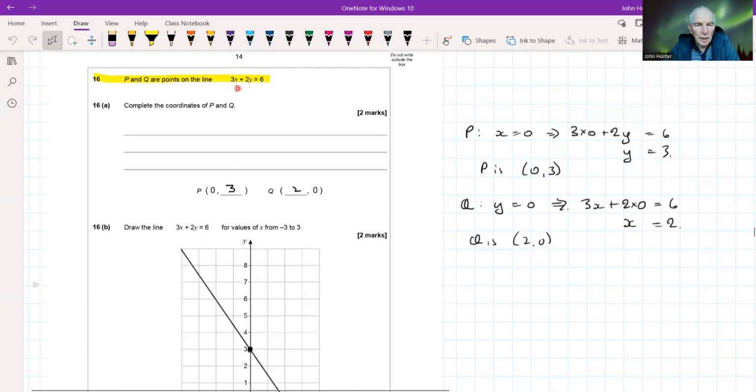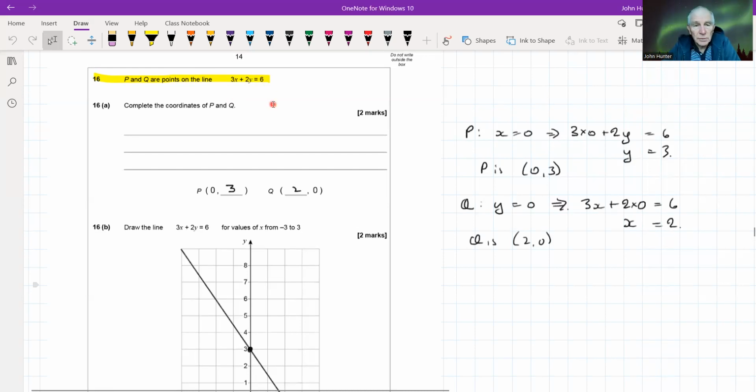And as the equation of the straight line, what it means is if we take any point in our xy plane here, and take its x coordinate and its y coordinate, and substitute the x value in there and the y value in there, then if the point is on the line, the result of the left-hand side will be 6. If the point is not on the line, then we'll put the x and the y in there, and the answer won't be 6, something else.